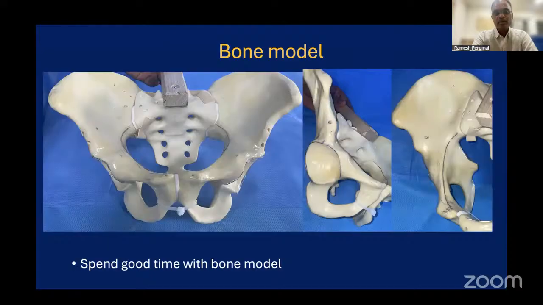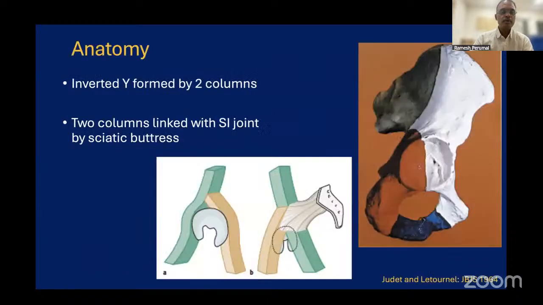This pelvic model was inspired by Robert Judet and Letournel's work on pelvic acetabular fractures. In a similar way, I planted stainless steel wires over the walls and columns of the acetabulum, so you can take an X-ray picture and define all your landmarks. It is very essential to spend good time with the bone models.